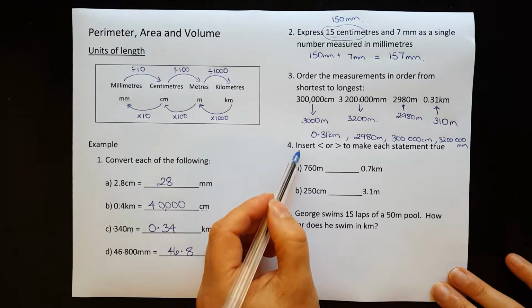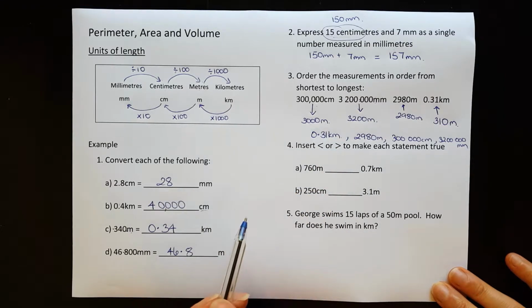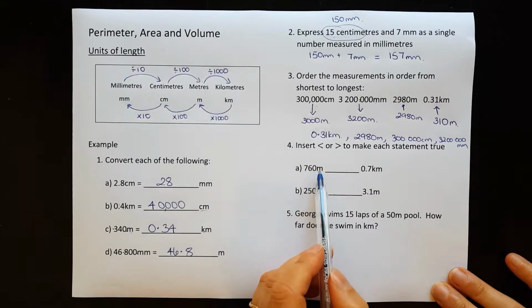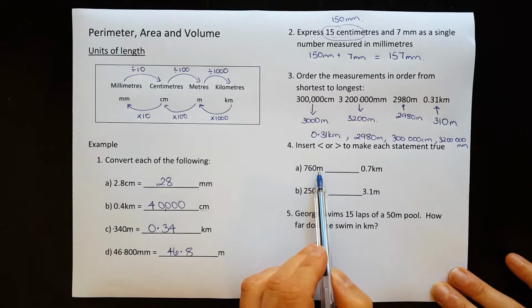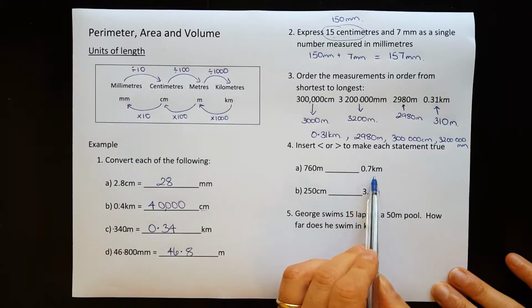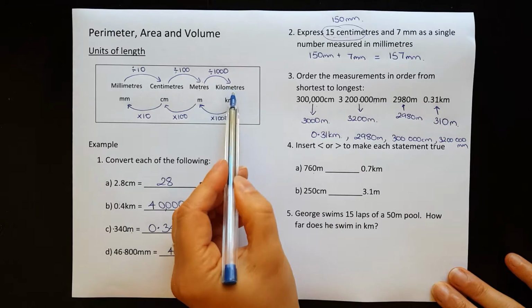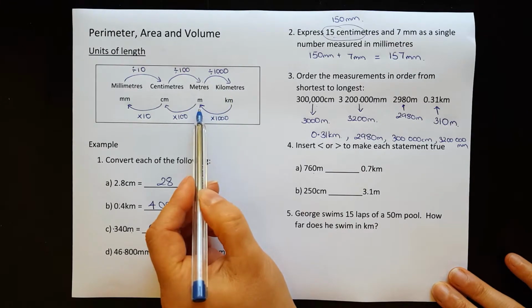Question 4, insert a less than or greater than symbol to make each statement true. Again, it's easiest if you have them in the same units before you compare them. So I prefer to have big numbers without decimal places. So that would mean that I would change this one here into meters. Changing kilometers into meters, I times by 1,000.